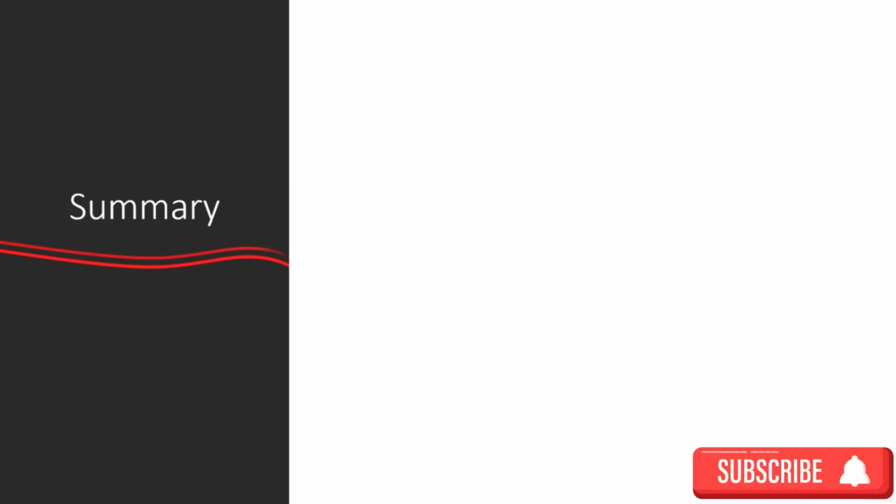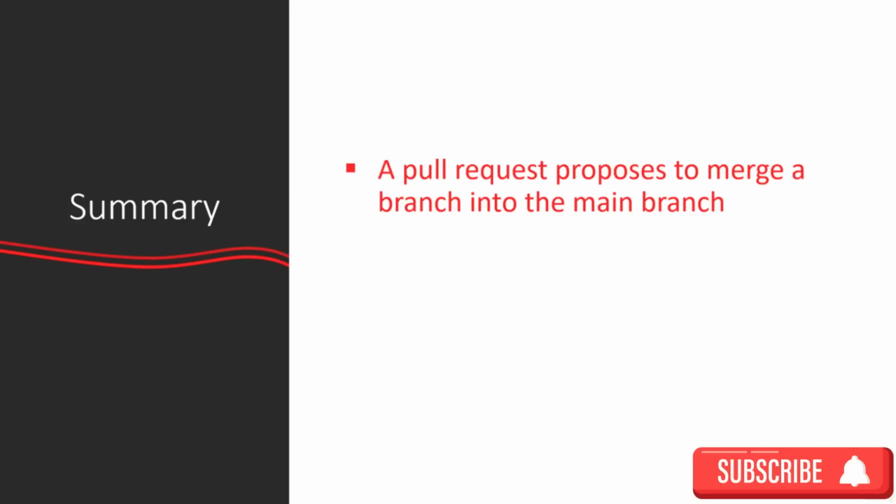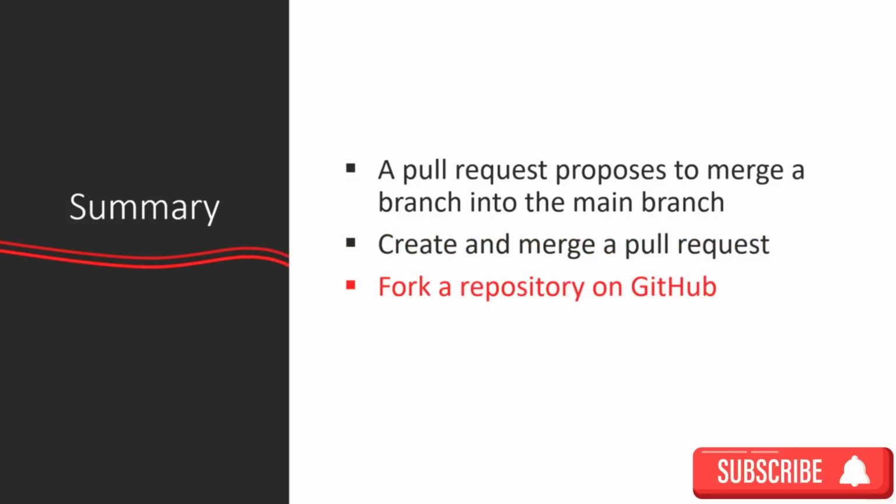You learned in this lesson that a pull request proposes to merge a branch into the main branch of a repository. I showed you how to create and merge a pull request. You also saw how to fork a repository on GitHub. A fork is a copy of someone else's repository.